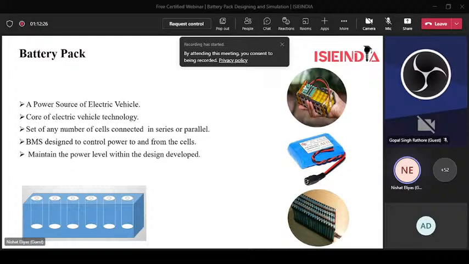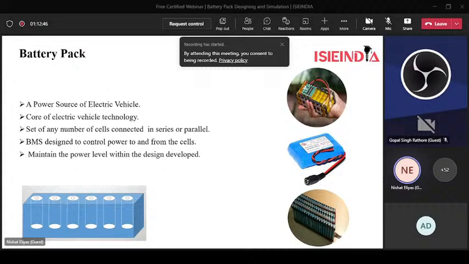Just like in the combustion engine the petroleum is the source of the energy, in the electric vehicle the battery pack is the source of the energy. It is the core of the electric vehicle technology.